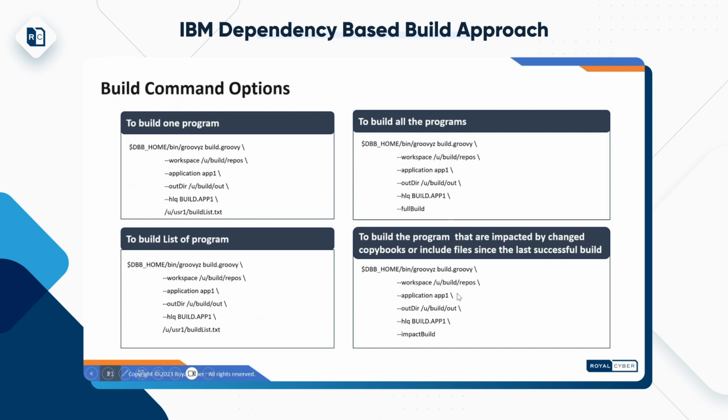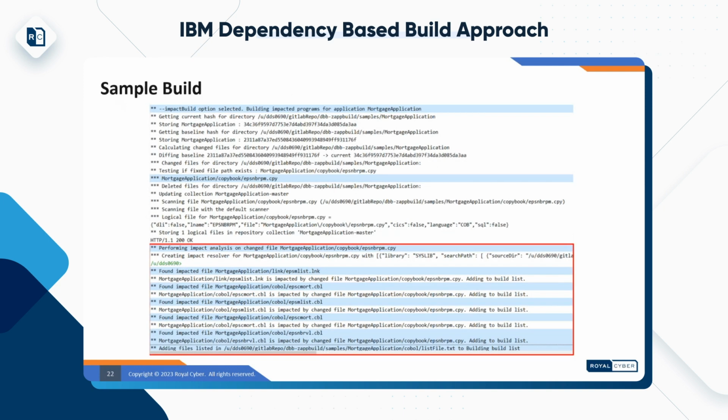You can also handle changes: because of a change, some set of programs get impacted, and for that we can go for the impact build option. This is going to take the files and programs changed since the last successful build and create the build results. So these are the 4 options we will use with the help of DBB.